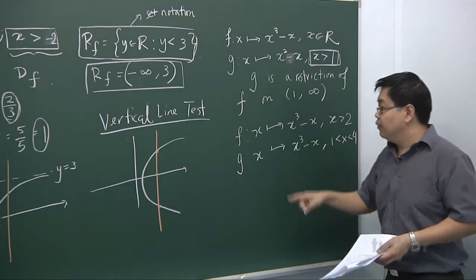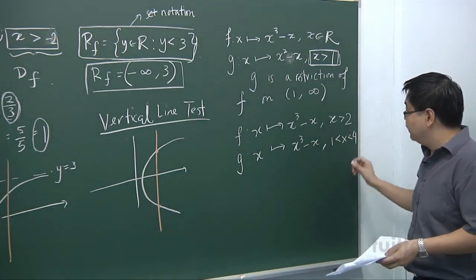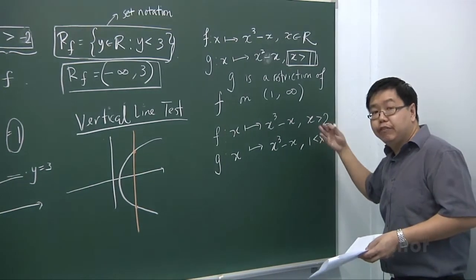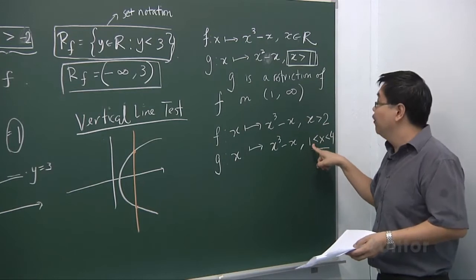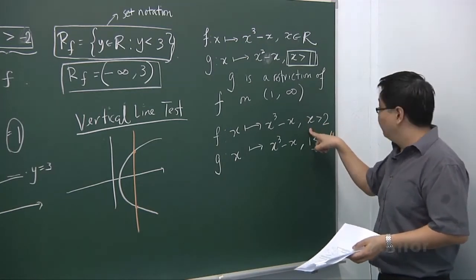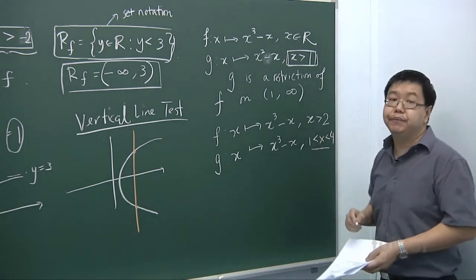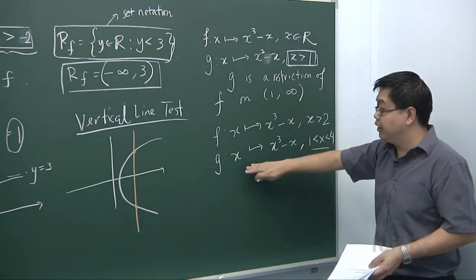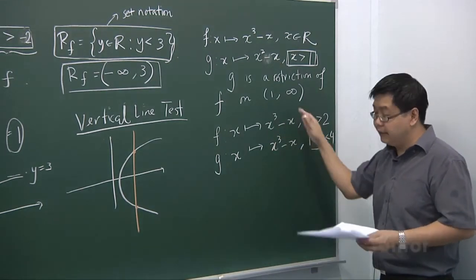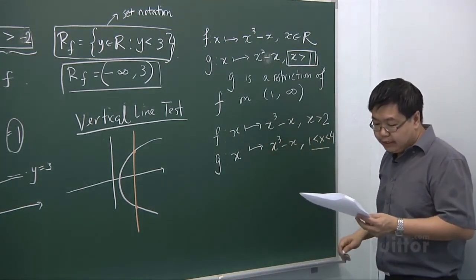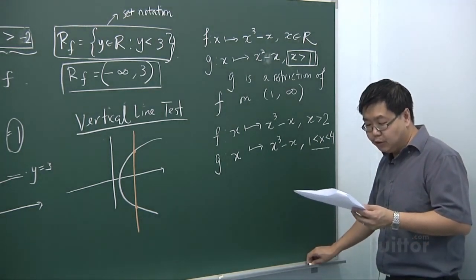Though these two functions have the same rule, this is not a restriction of each other because g contains a value 1.5, which is not found in f, whereas f contains a value 5, which is not found in g. So f is not a restriction of g, neither is g a restriction of f, though they have the same rule. Now the next example that we'll be sharing is on the maximal domain.